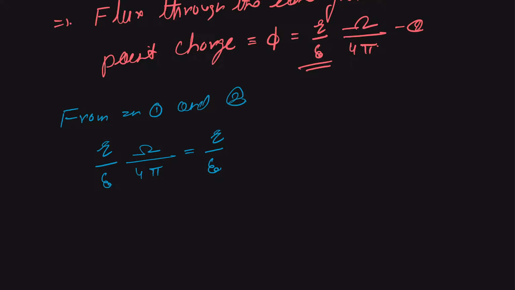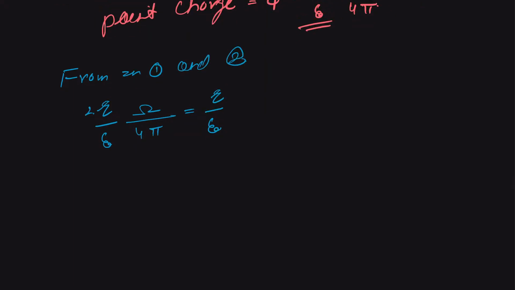One second, there is 2q, and epsilon goes out, charge and charge goes away. So from here we get that the solid angle is equal to 2 pi.